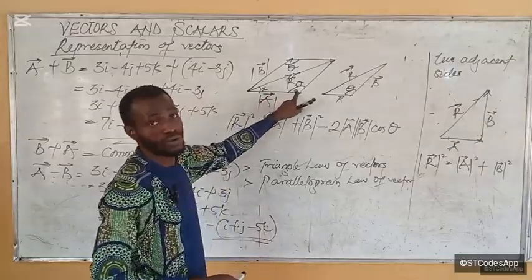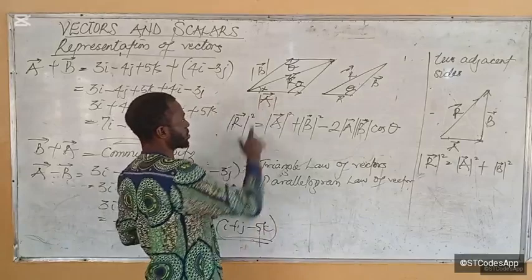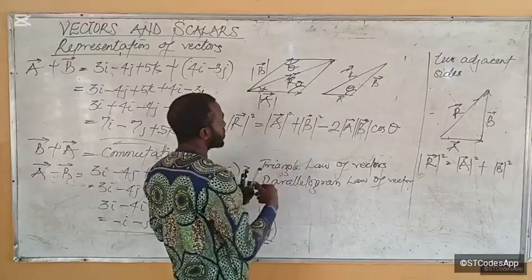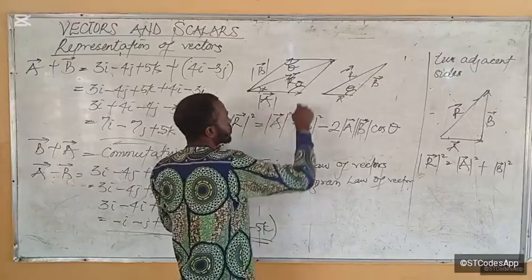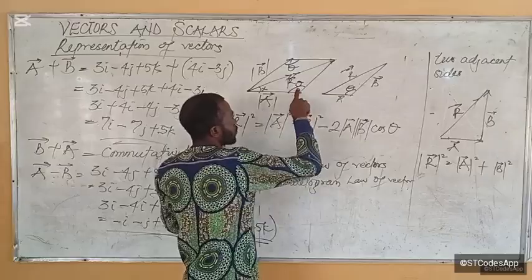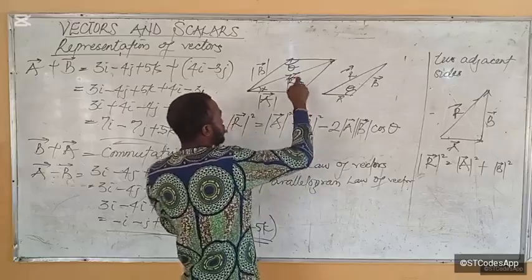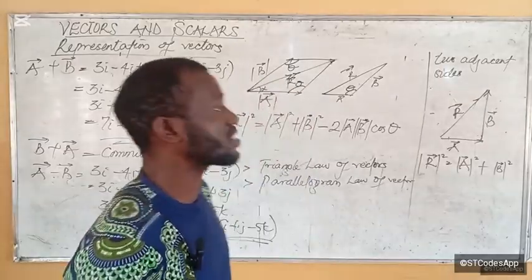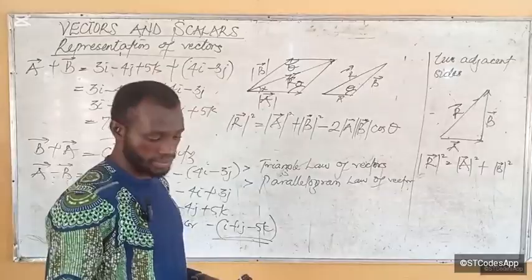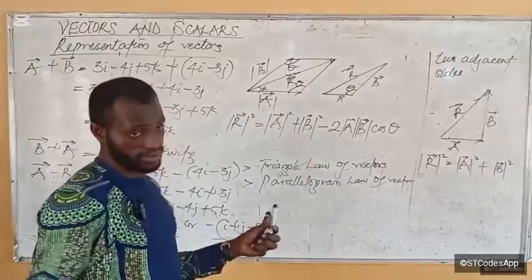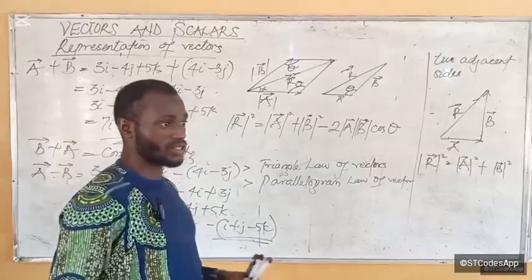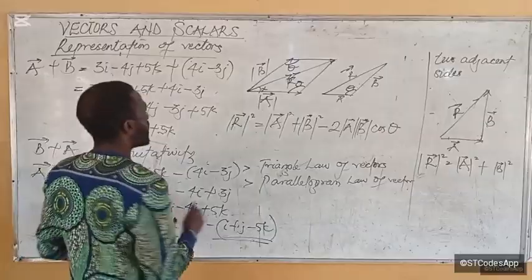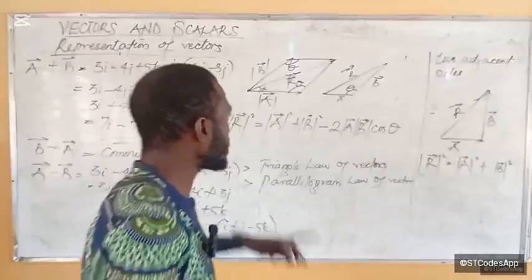Make sure you understand that's just the cosine rule. You should already know the cosine rule, okay? The cosine rule is the one that says that if you're looking for a third side of a triangle that is not a right angle triangle, for example, I'm looking for side A, A squared will be equal to B squared plus C squared minus 2BC cos theta.